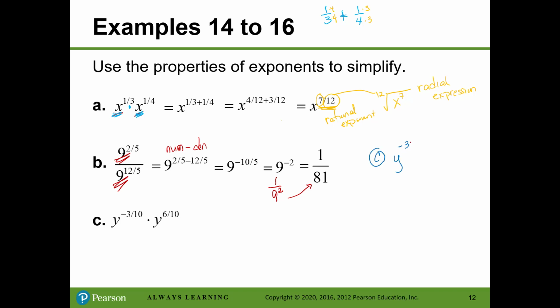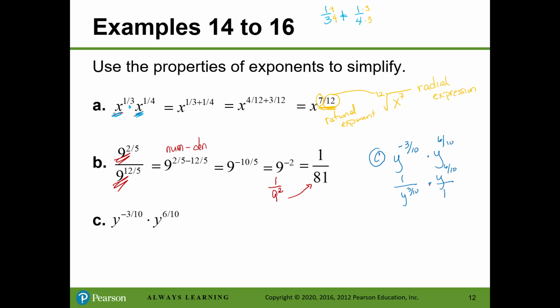Notice this first y has a negative power, doesn't it? And the second y does not. So one way to handle this is to actually take this first y and put it on the bottom. But notice the power goes positive. Good. And we still have the y to the power of 6 over 10.